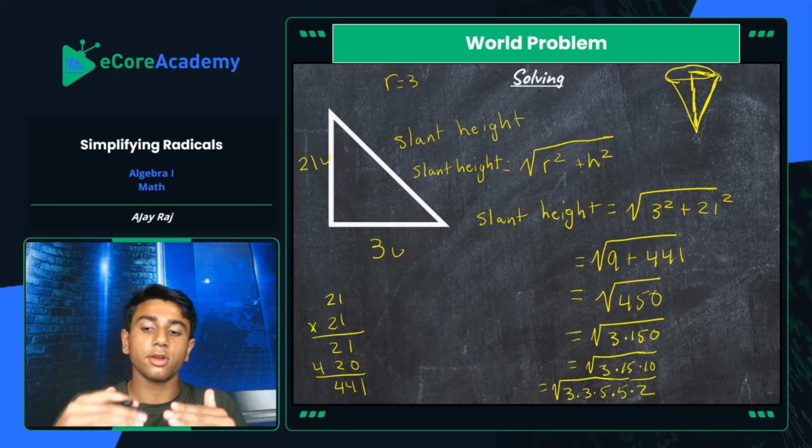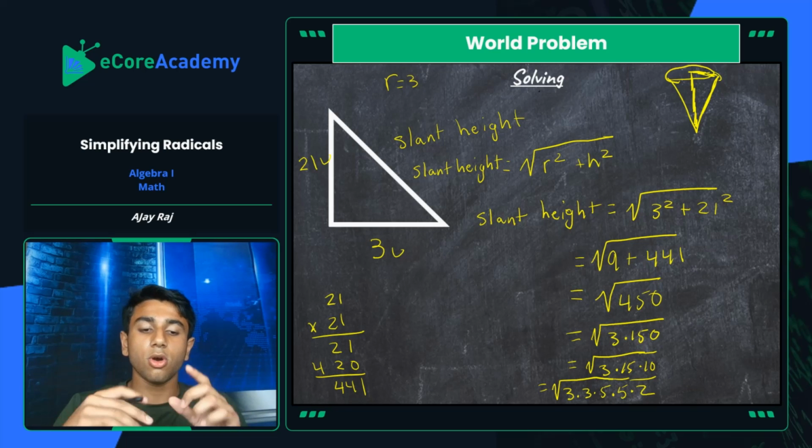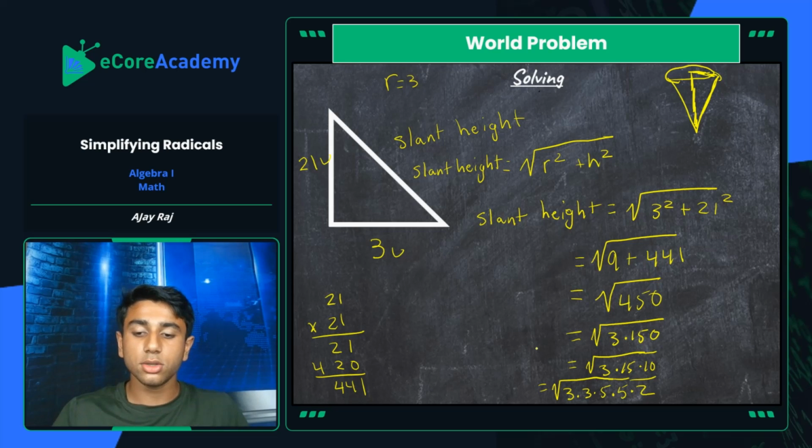What we basically did here, since it was such a complex term, we literally prime factorized it. So we took all the prime factors of this radical and we broke them apart. As you can see here, one thing that should really stand out is that we have 2 3s here and 2 5s here. So we can immediately cancel out one of these 3s and take one of those 3s outside. Same thing with the 5.